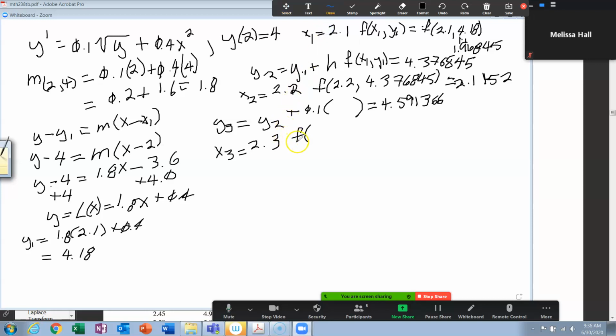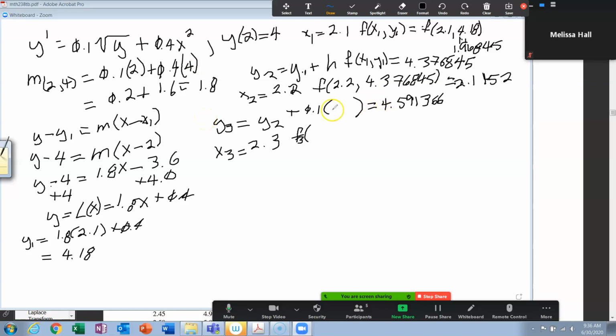I'm going to call this f sub 3, and that's equal to, you plug into this function over here your y3, which is 4.591366, and your x3, which is 2.3.